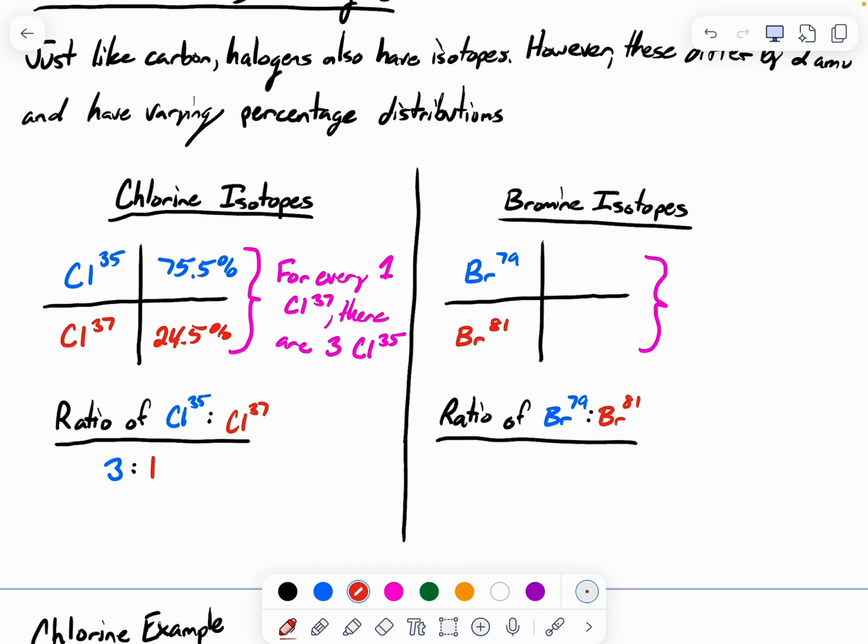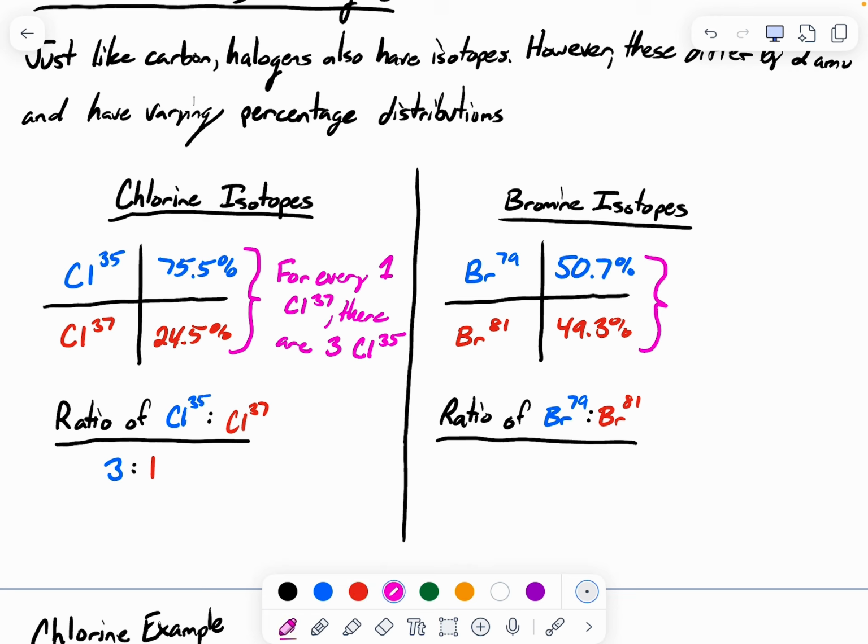And this ratio transfers over to how the peaks actually look in the spectrum. All right? It's the same way with bromine. Bromine isotopes are even easier, because bromine 79 accounts for about 50.7% of bromines, and bromine 81 accounts for the other 49.3%. It's practically negligible for us what the difference between those two is. It's a 1-to-1, right?